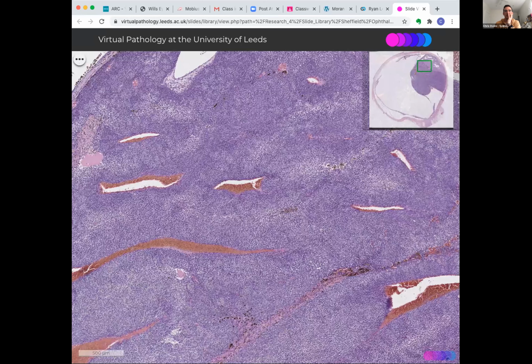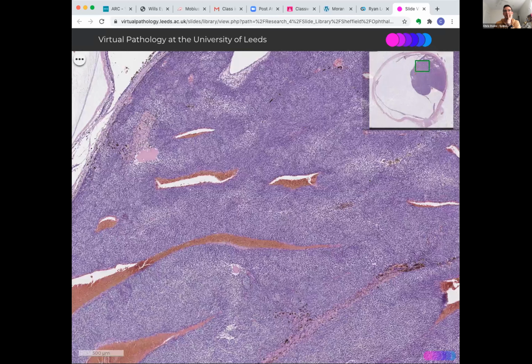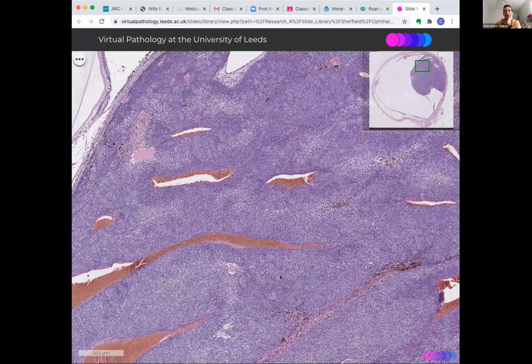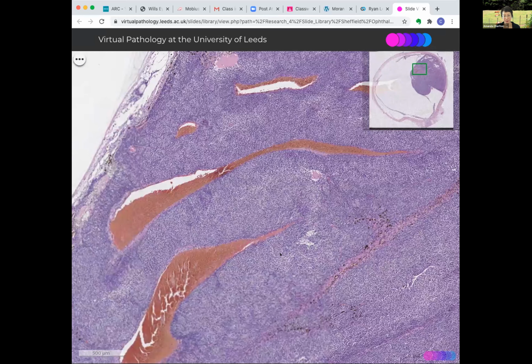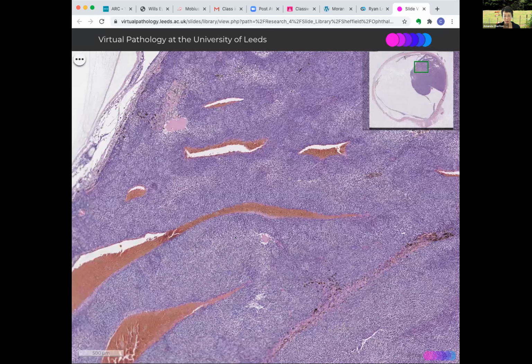There are lots of waves of fairly similar looking cells, with streaks of pigment interspersed. So sheets of cells is the architecture, and then we have to describe the cytology of the cells. There are 3 options according to the book. You're allowed to have spindled, epithelioid, or mixed.